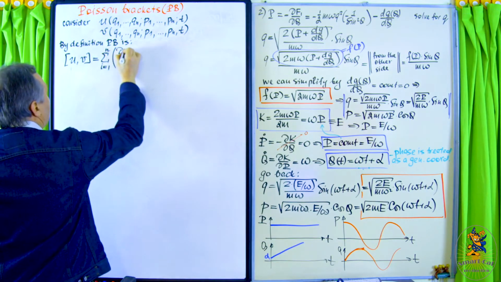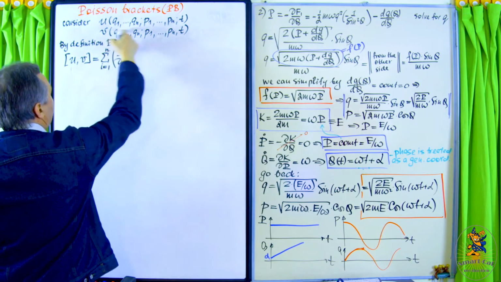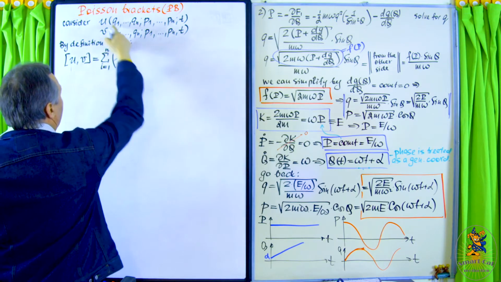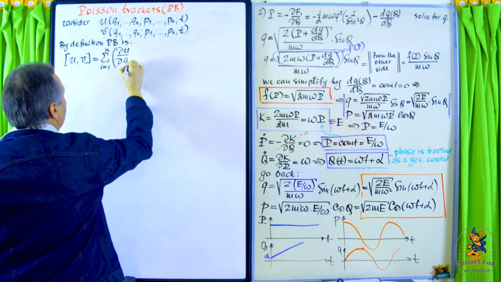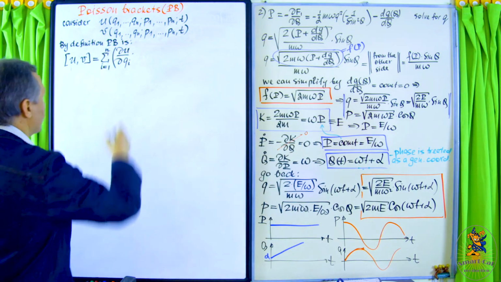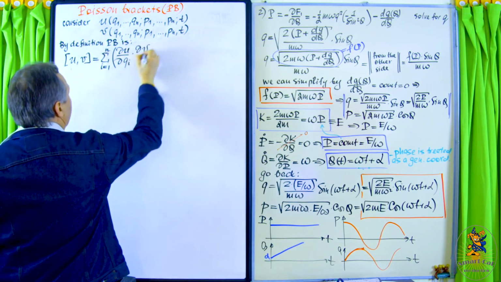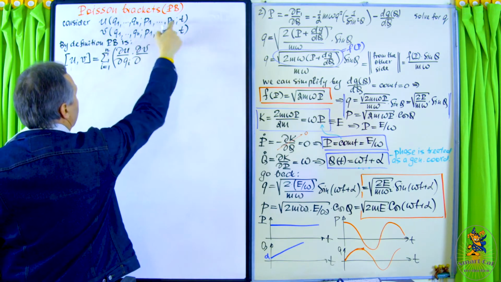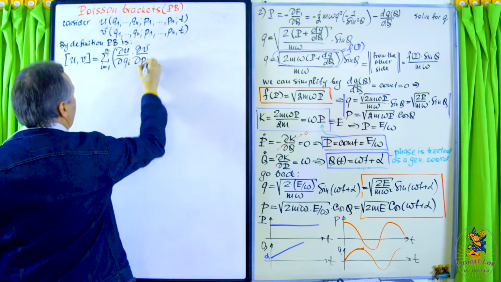Partial derivative of the first function with respect to the first set of coordinates, qi. Then multiply by the partial derivative of the second function with respect to the second set of variables, pi.